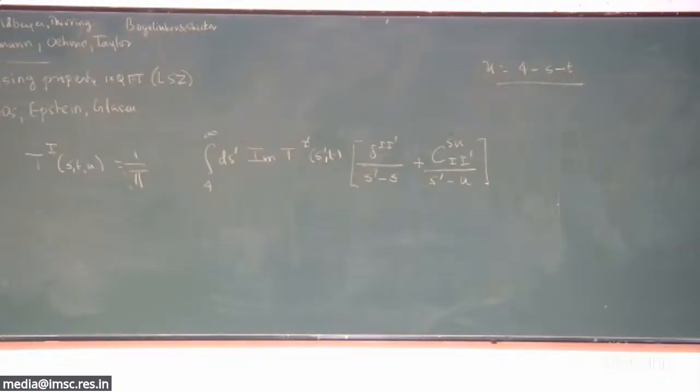You can't go to the T channel and all these things. You have broken the manifest crossing symmetry by singling out T, and you're writing down a dispersion relation at fixed T. And this therefore means that this is the best that we can do, because rigorously, this is all you can prove as far as these dispersion relations are concerned.